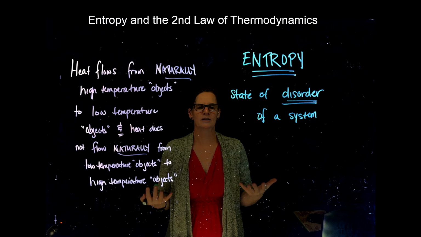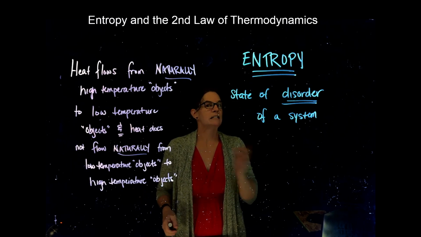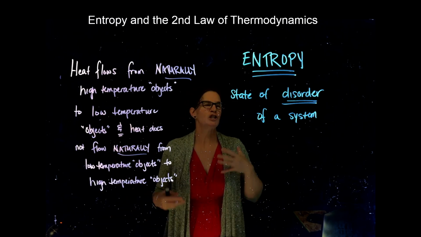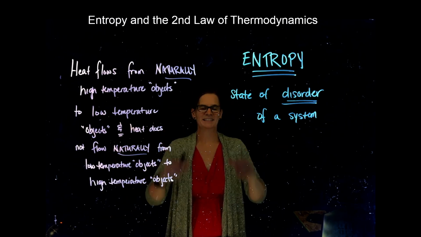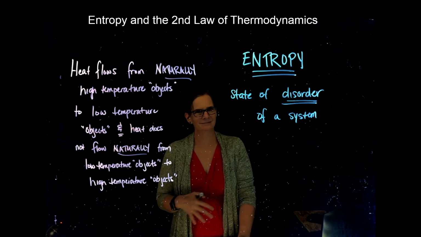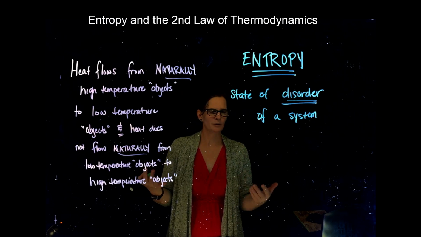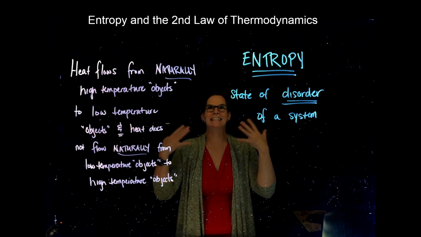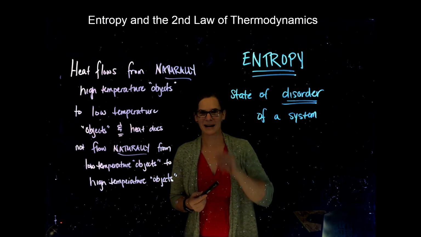They've now entered a state of disorder. If I continue to shake it, no way can I shake those marbles enough to get them to separate again into red marbles and blue marbles. They will remain in this state of disorder. So that's sort of this idea, to give you a picture frame of what entropy is.